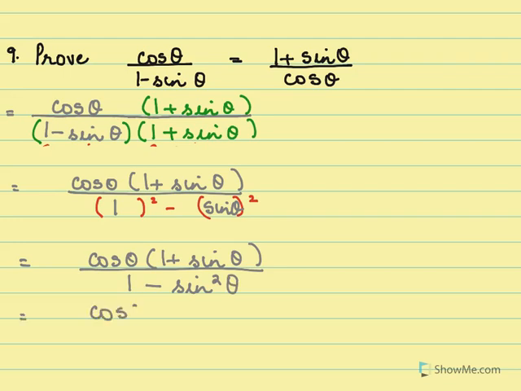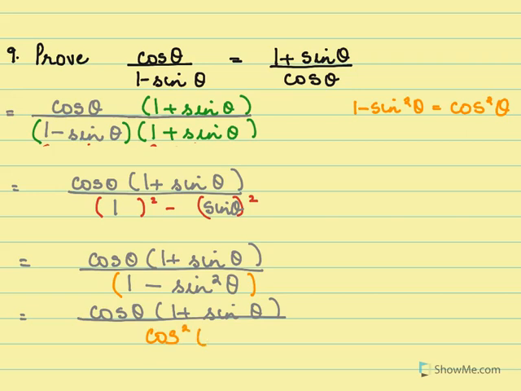Now the numerator is cos theta, 1 plus sin theta. Again, do you recollect what 1 minus sin square theta was? 1 minus sin square theta was equal to cos square theta. So in the denominator, instead of 1 minus sin square theta, I'm going to write cos square theta. Write this as your reason at the side. So now I have cos theta, 1 plus sin theta over cos square theta.